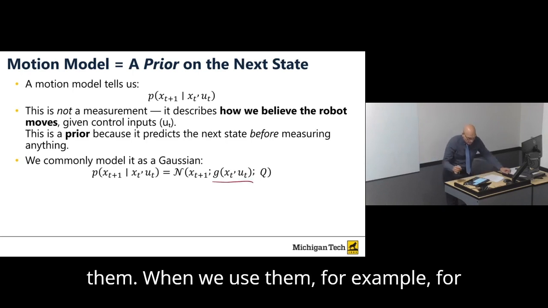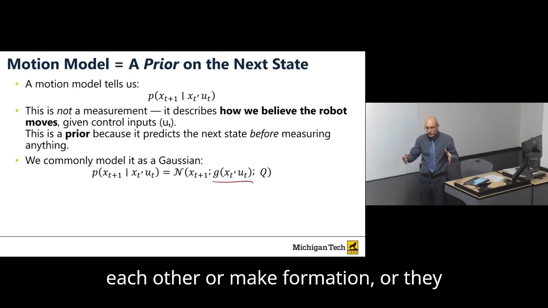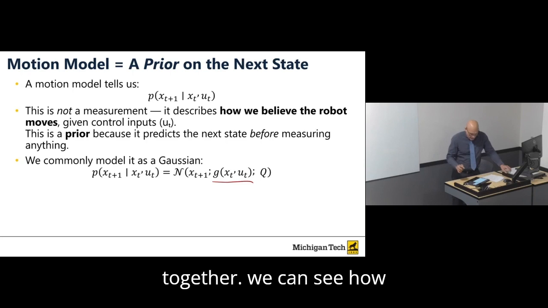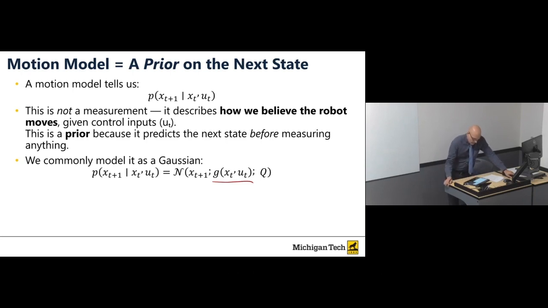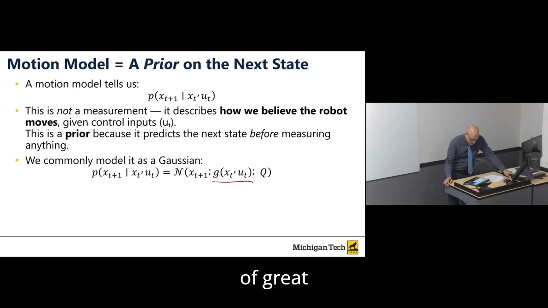Later, when we use them, for example for multiple robots that need to follow each other or make a formation, or do something together, we can see how amazing these formulas can be when added together to make a great project or optimization problem.